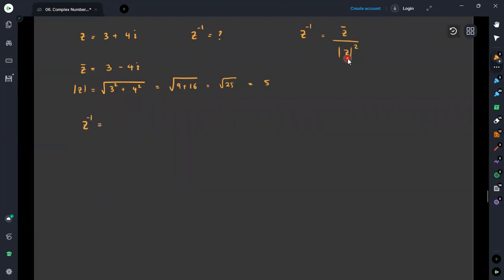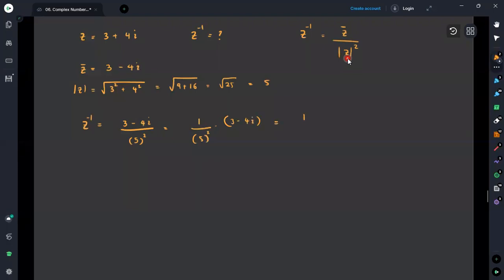Then the multiplicative inverse of z is the conjugate, 3 minus 4i, divided by the square of the modulus, which is 5 squared. Dividing by 5 squared means multiplying by 1 over 5 squared, which is 1 over 25, times 3 minus 4i.